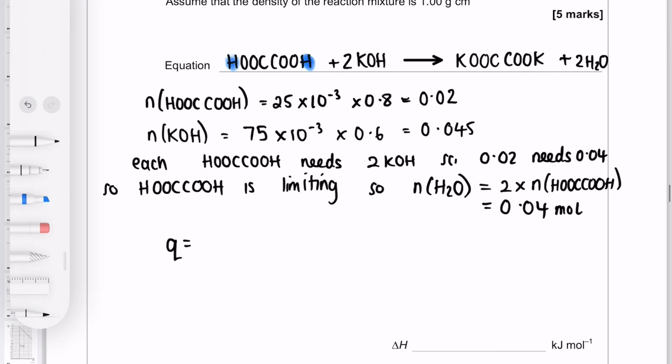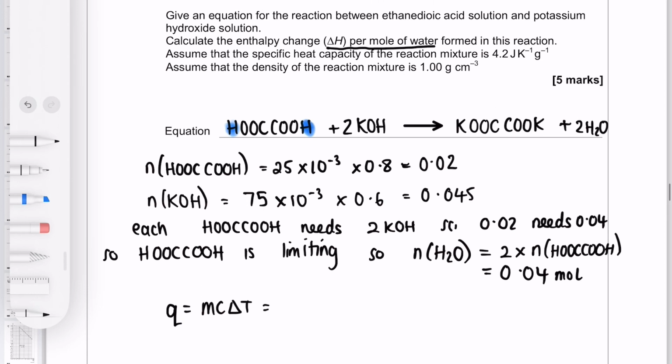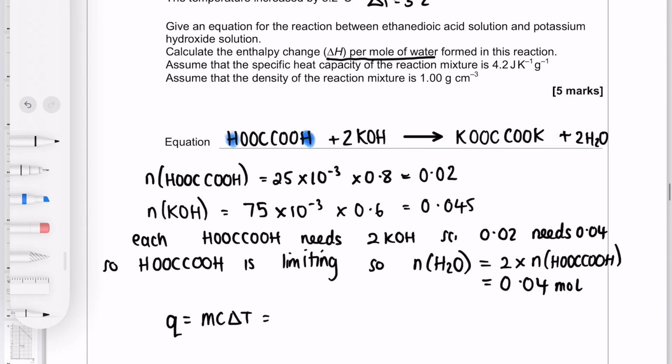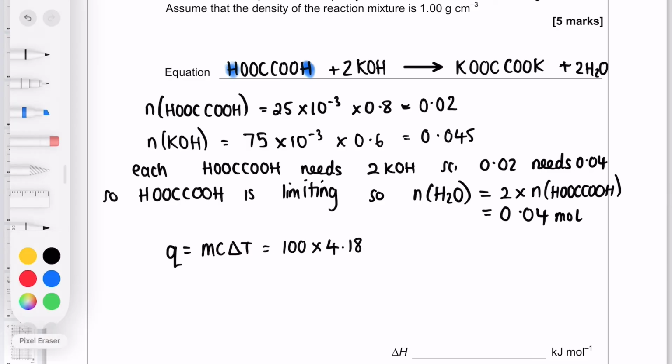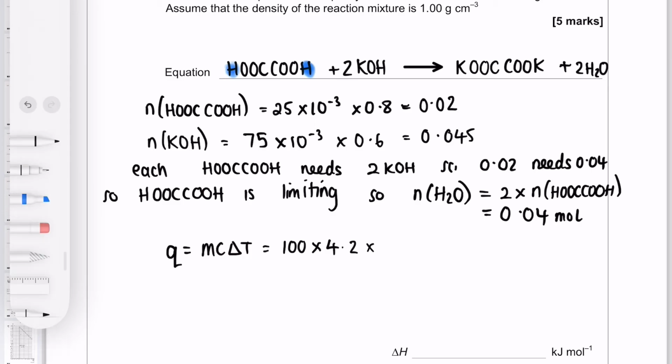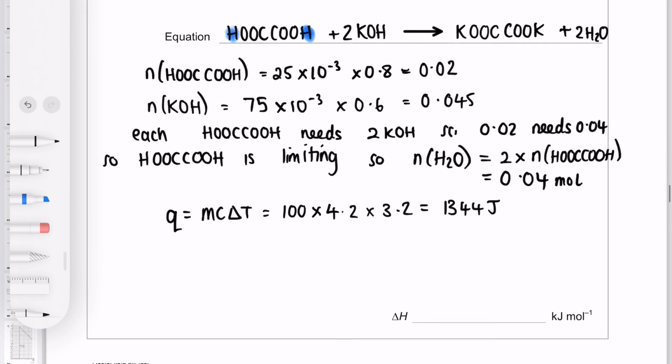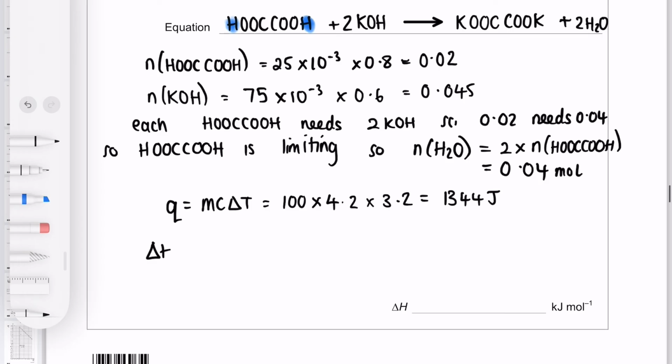We're going to need to find the energy Q first. So the mass of the solution was, in total we'd put 75 and 25, so 100. 4.18, oh no, it's telling us to use 4.2. And 3.2 was our temperature rise. So you type that in your calculator. This will give you an answer in joules. And then delta H in kilojoules per mole.